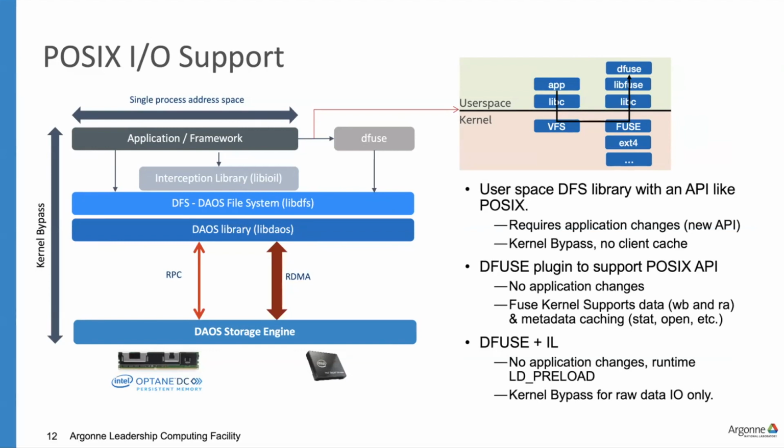You'll call these directly, and you'll talk to the storage service directly, never entering the kernel. And so you can get significantly more performance, especially because the VFS Fuse was never designed for performance, so it doesn't do large transfers or any other optimizations. That was never its intentional design. So using the intercept library can boost your performance quite a bit. So these are the main ways to use POSIX IO in DAOS.